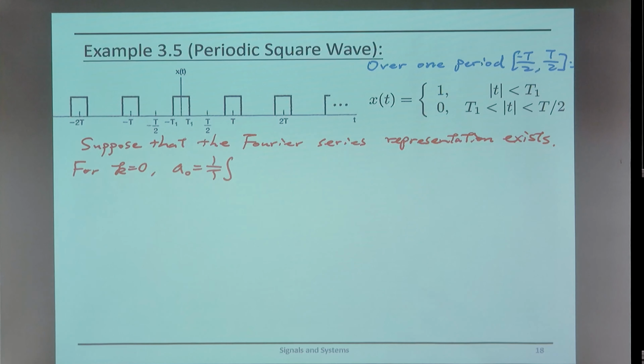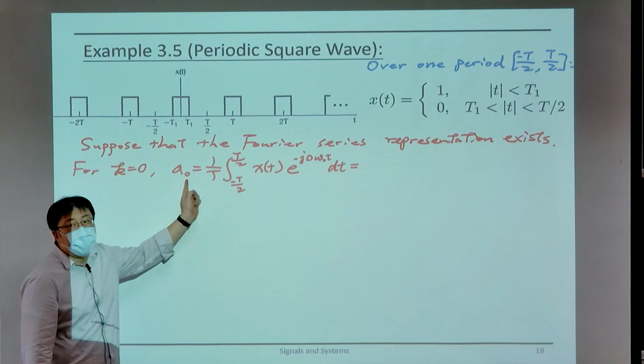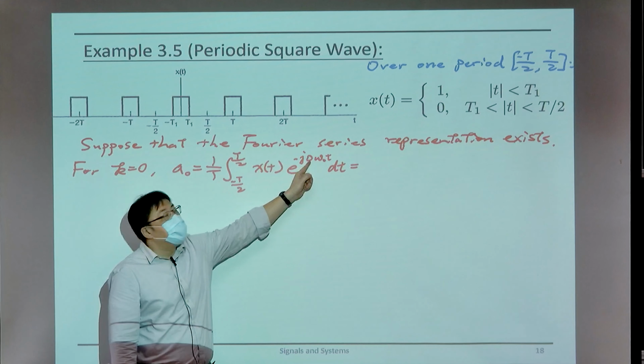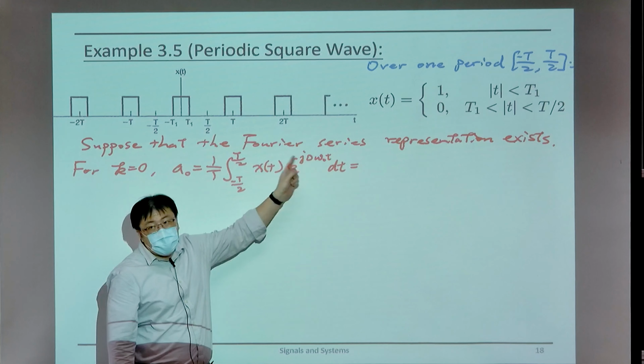It doesn't have to be from 0 to capital T. In this example, it's more convenient to go from minus T over 2 to T over 2 of x of t times e to the minus j 0 omega naught t dt. Here k is 0, so I have a 0 in the exponent, and the exponential of 0 is just 1.